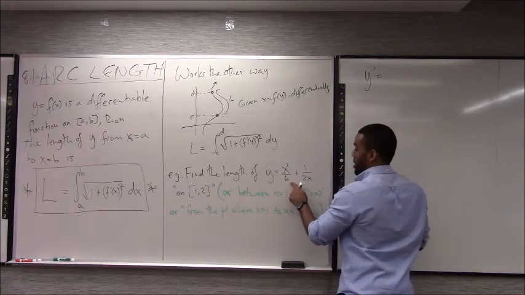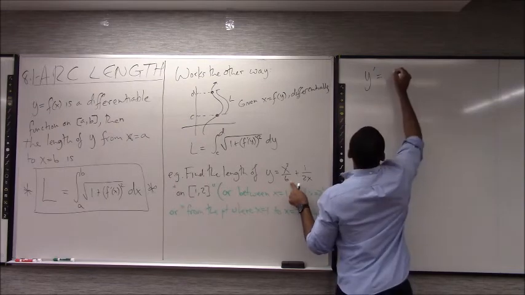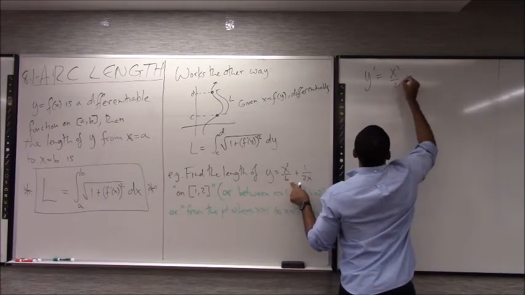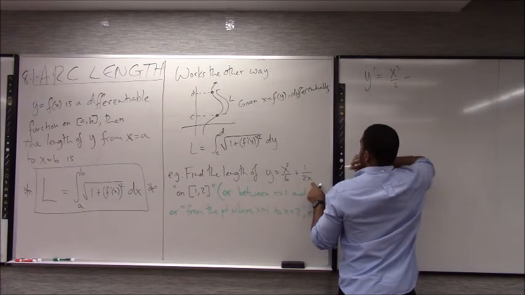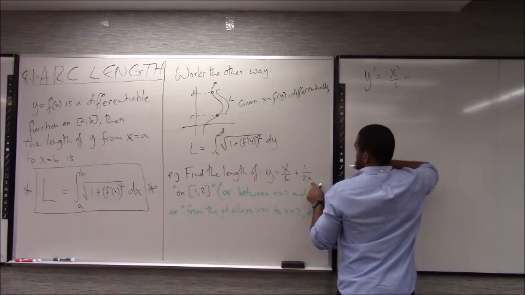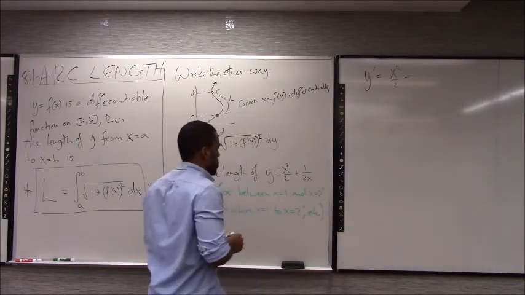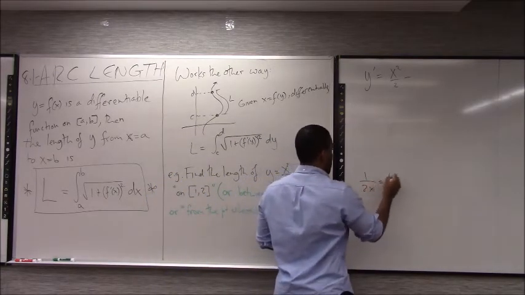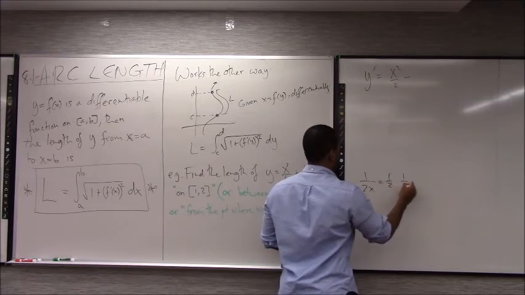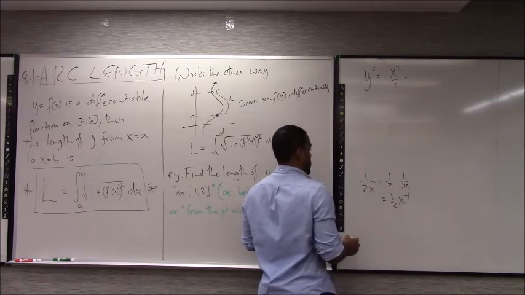What's the derivative? Do you remember how to do derivatives? The derivative of x cubed over 6 is 1/2 x squared. Then 1 over 2x is the same as 1/2 times 1 over x, which is 1/2 times x to the minus 1.